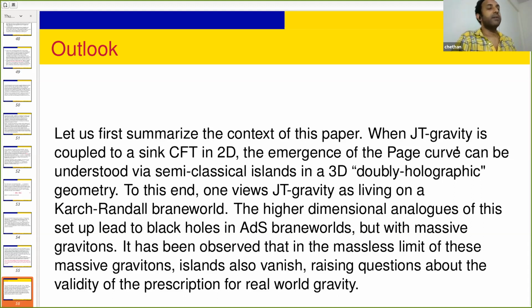Instead, what we have done here is use a Euclidean path integral definition for the entanglement entropy. If you use a Euclidean path integral to define the entanglement entropy and allow replica wormholes or whatever, then you automatically get entanglement entropy with this Page curve like behavior. But why are you replacing the actual entanglement entropy with a Euclidean path integral definition of entanglement entropy?